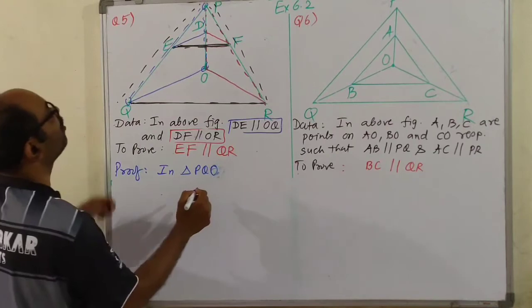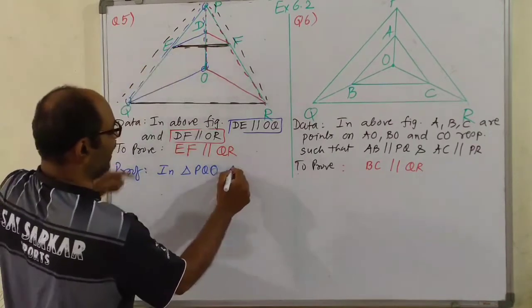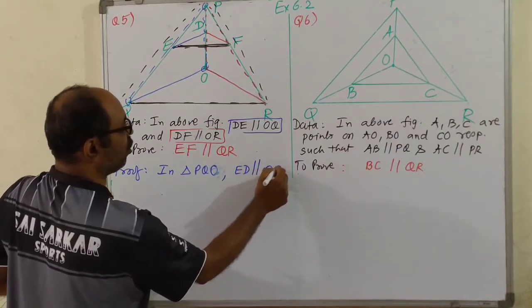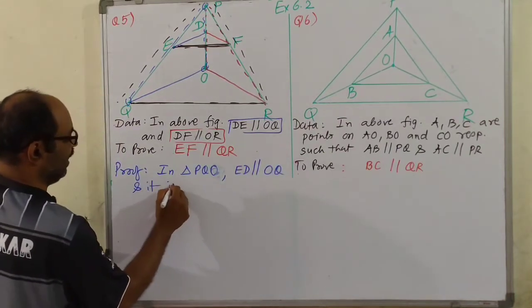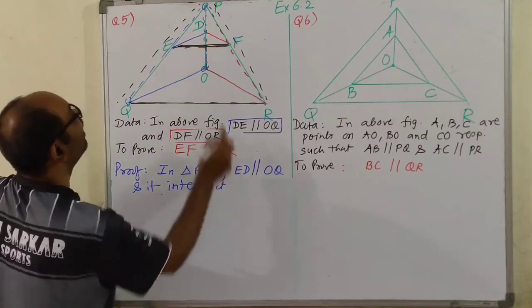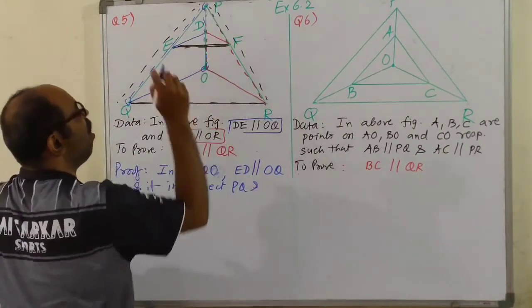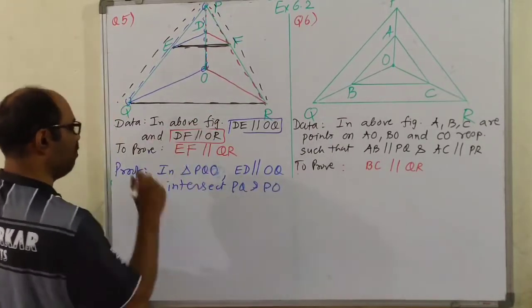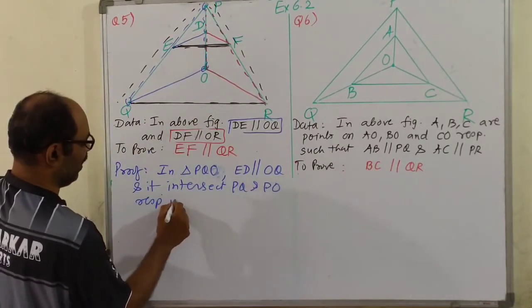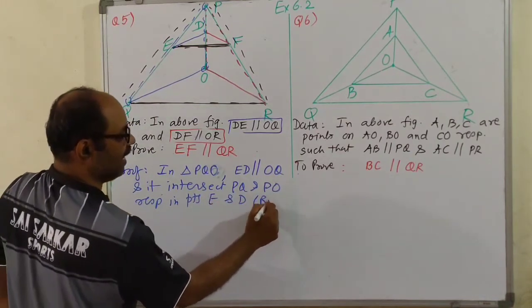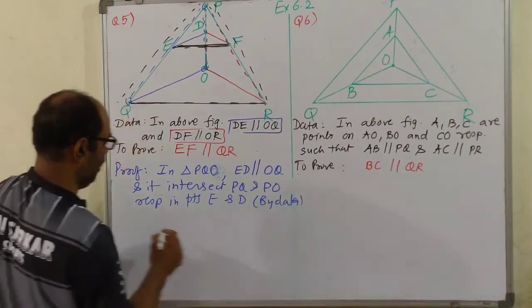In triangle PQO, ED is parallel to OQ and it intersects PQ and PO, OP you can write, respectively in points E and D. By data, figure में ही है.